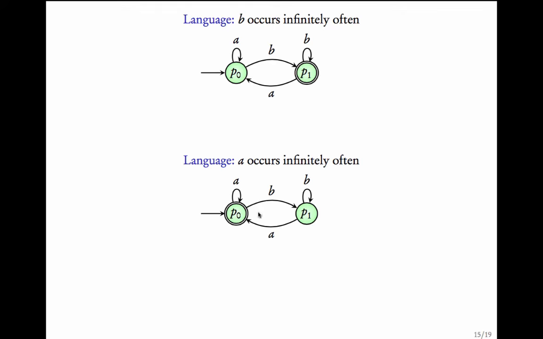What is it that we get when we interchange the accepting and non-accepting states? We will get the language where A occurs infinitely often. But note that this language is not the complement of this. For example, AB omega is present in both of them. In AB omega, both A and B occur infinitely often.